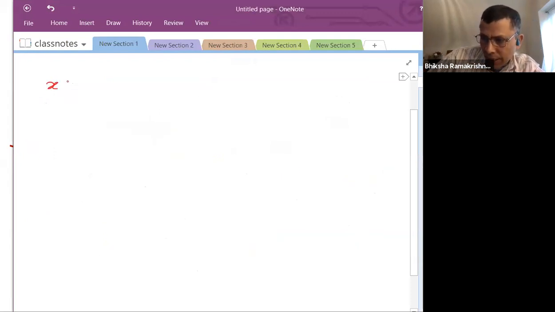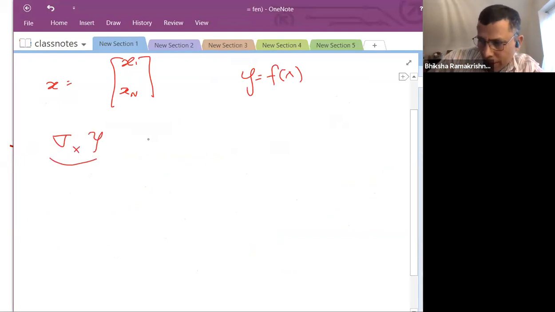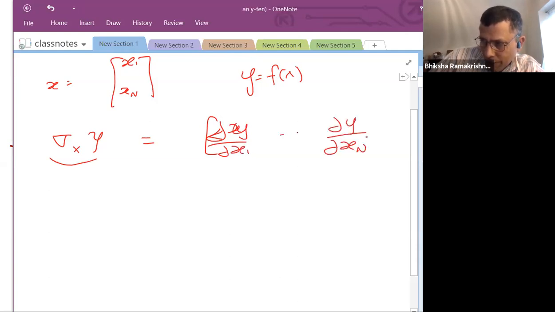If x is of this kind, x1 through xn, and y equals f of x, then I'm going to say the derivative of y with respect to x, that's my notation, was this row vector of partial derivatives, partial y over partial x1 through partial y over partial xn.